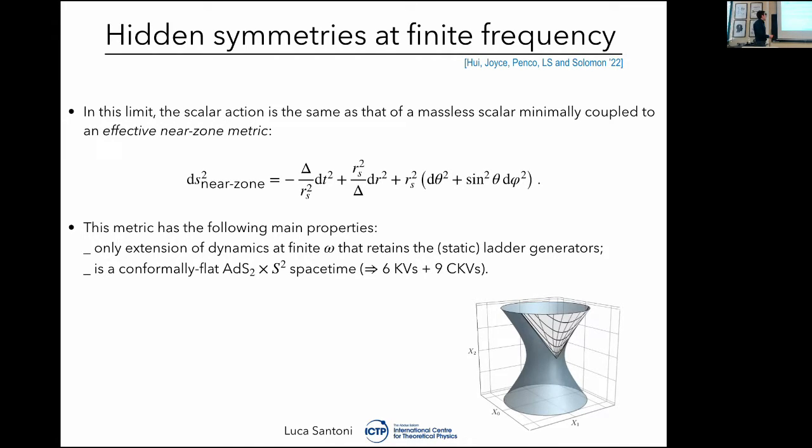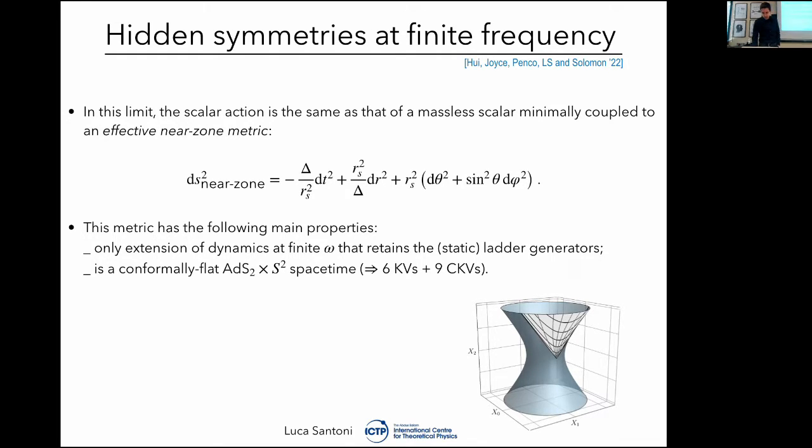This metric has two main properties. The first is that it's the only extension of the dynamics to finite omega that retains the ladder symmetries that I told you before. And two, it is a conformally flat AdS2 cross S2 geometry. This means that it has 6 Killing vectors and 9 conformal Killing vectors.